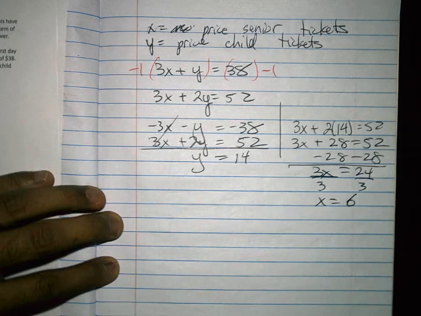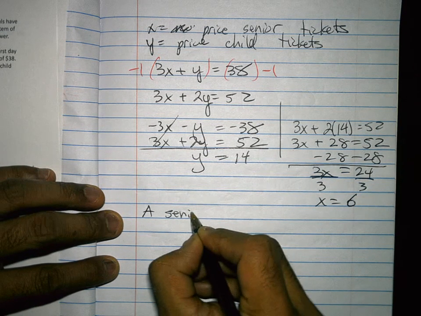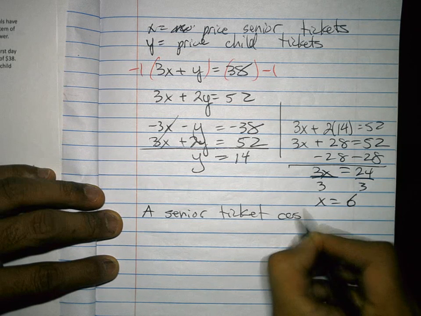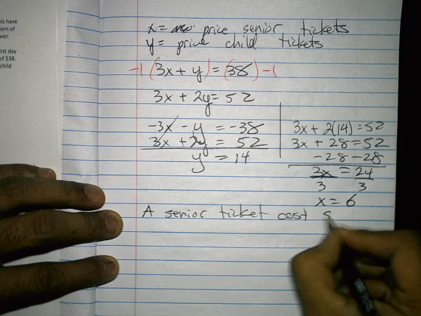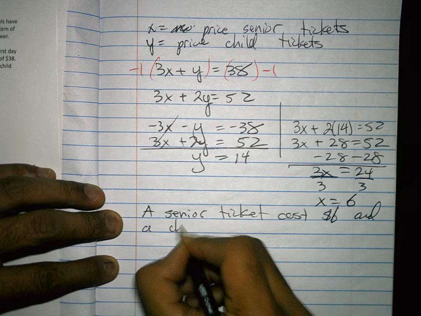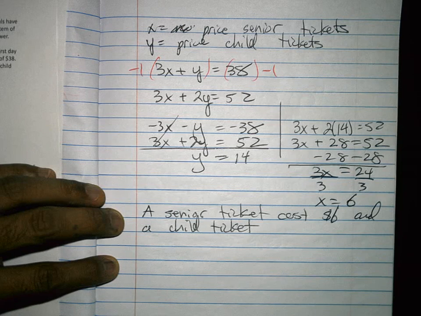When I work this out, it's going to say a senior ticket costs, that was the x's, $6, and a child ticket is $14.